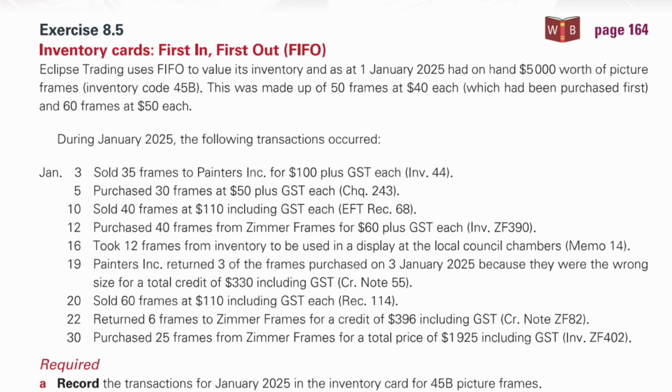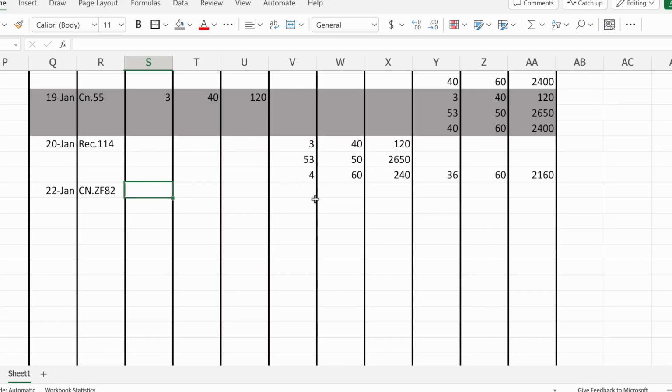So Eclipse Trading, we returned 6 frames to Zimmer Frames. So that means it's a purchase return and recorded on a credit note, right? So in this case, since we returned, we lost 6. So it goes out of our business.